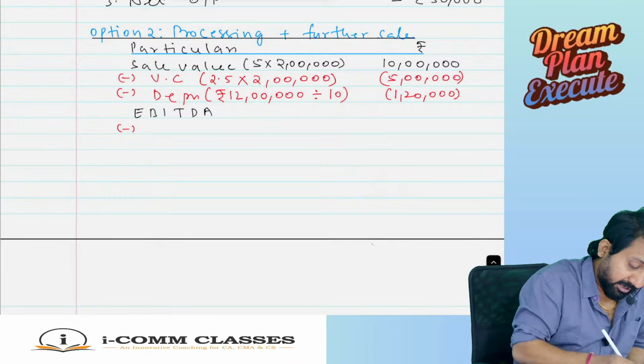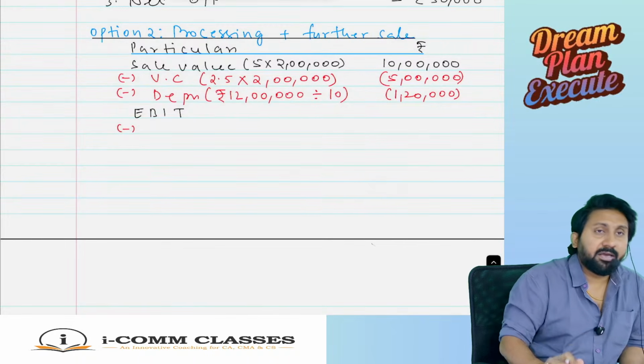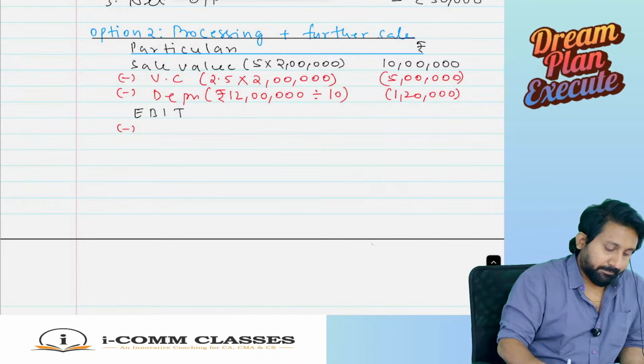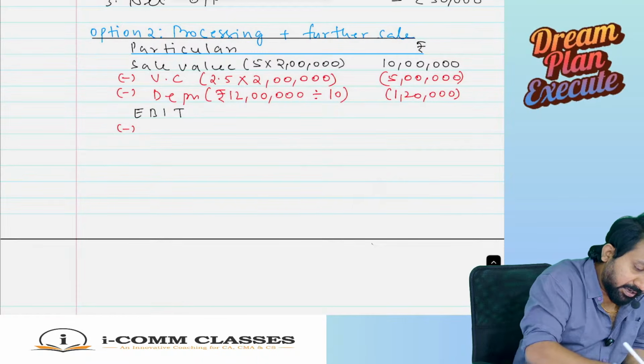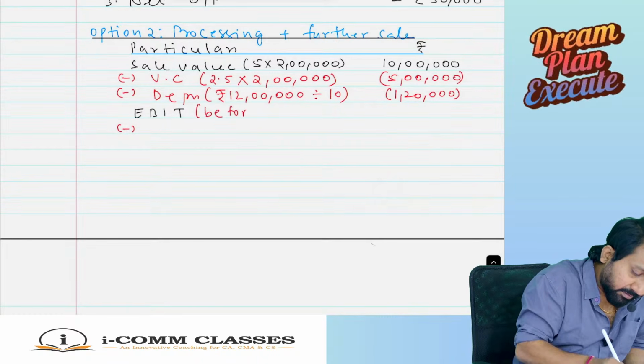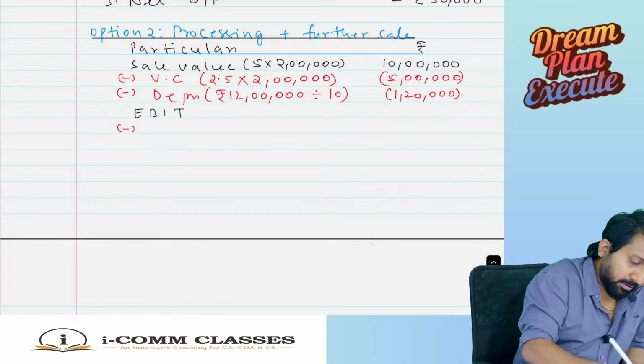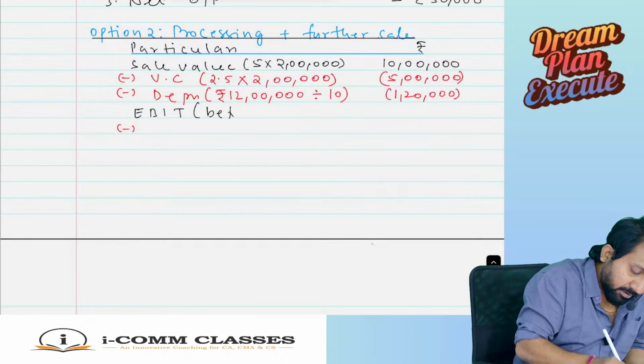Sorry, depreciation. Sorry, EBIT. EBIT, here it is before fixed cost. Before which cost? Fixed cost.